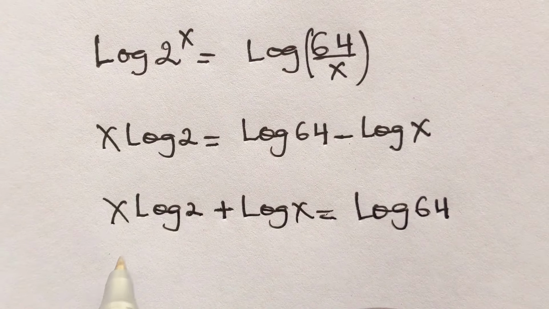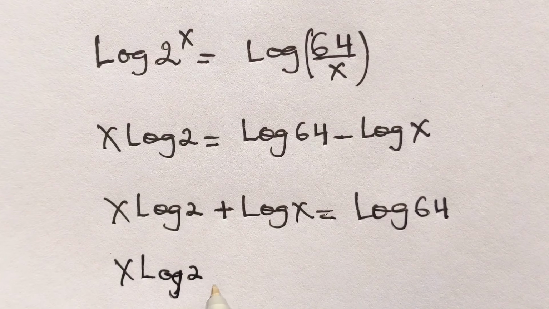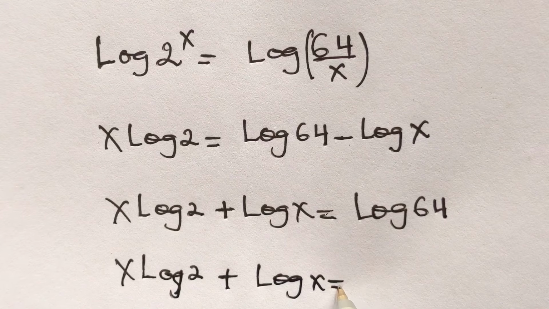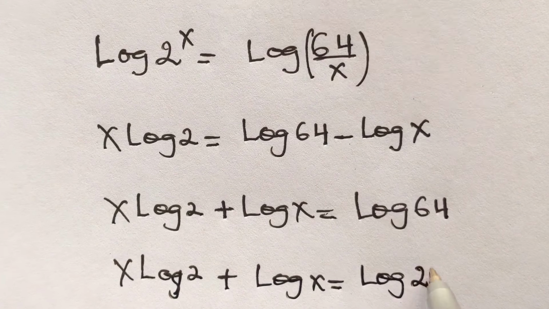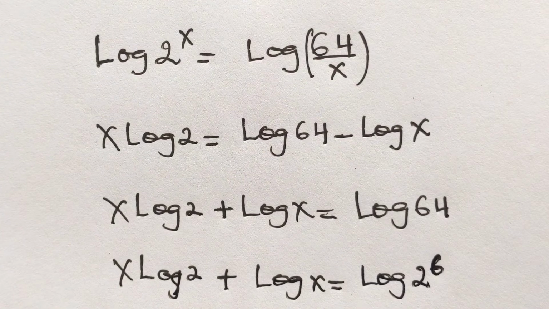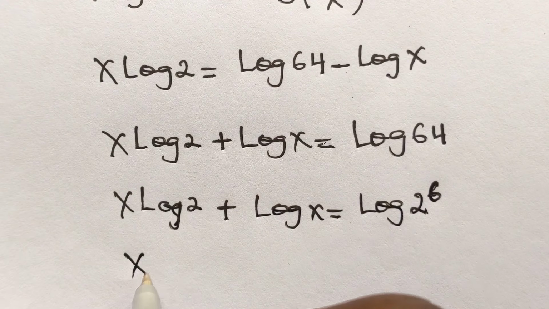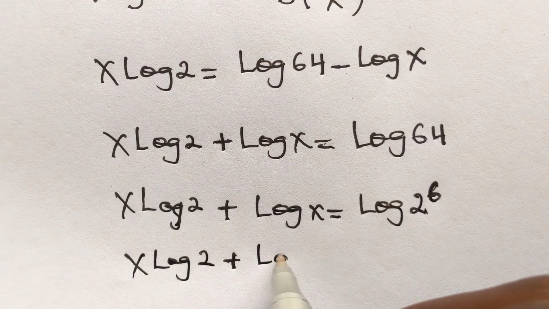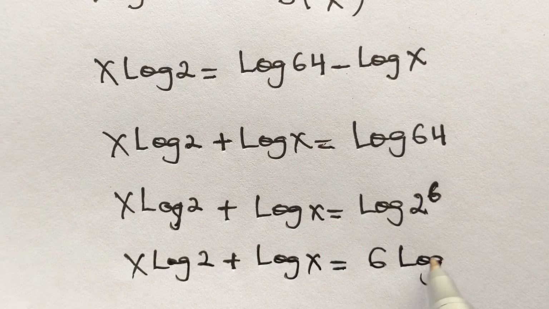Right, at this stage we have x log 2 plus log x equal to log of 2 to the power of 6, because 64 is equal to 2 to the power of 6, and so x log 2 plus log x will be 6 log 2.